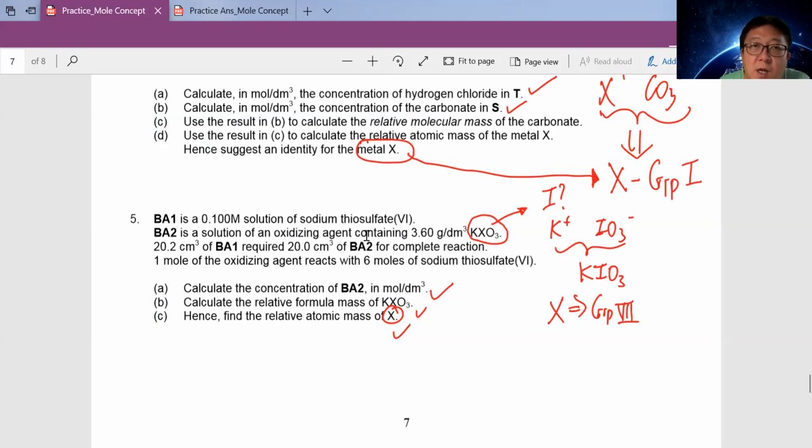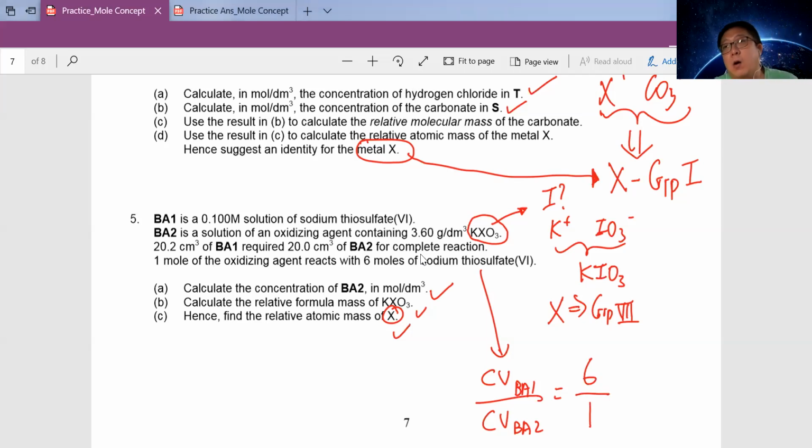Sodium thiosulfate is BA1. So from here, I can come out with the relationship: your CV of your BA1 over your CV of your BA2. How many moles? 1 reacts with 6. 1 reacts with 6 is 6 over 1. Look carefully at how you write, okay?